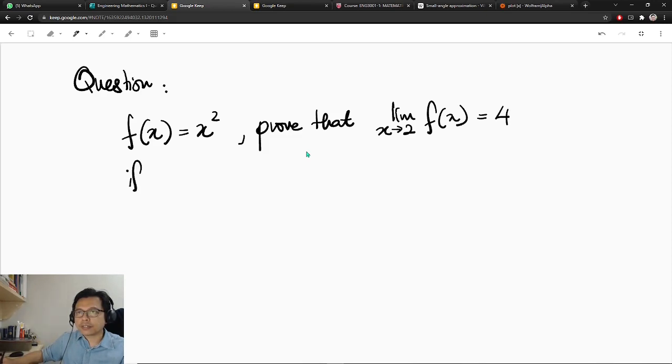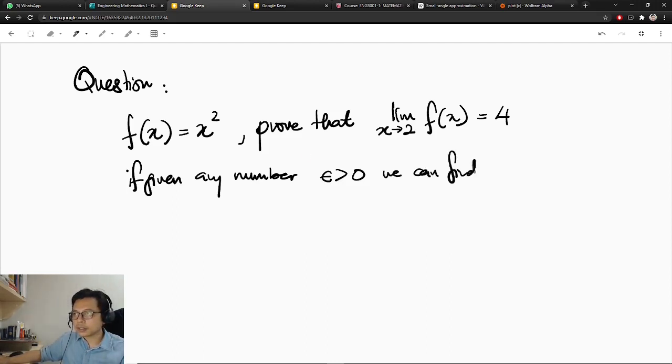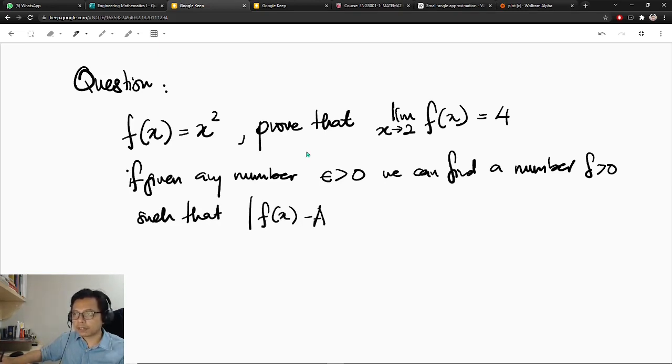So you're seeing here, given any positive number epsilon, we can find a number delta, which is also a positive number, such that the absolute value of f of x minus the limit of that function as x approaches a is less than epsilon whenever 0 is less than the absolute value of x minus a is less than delta.